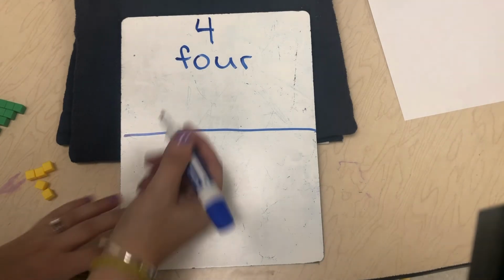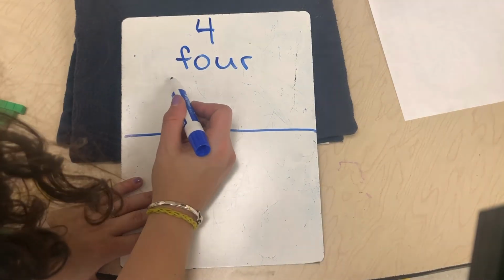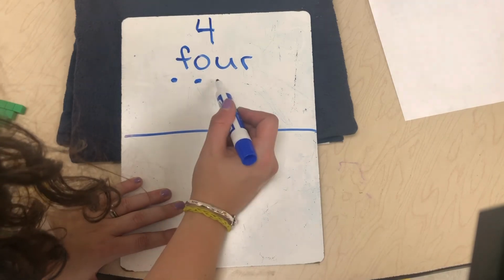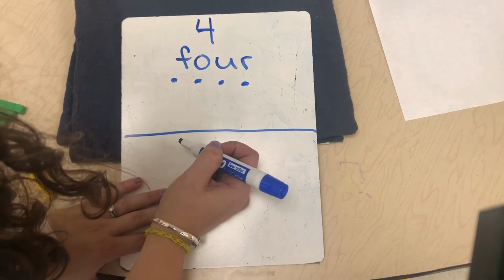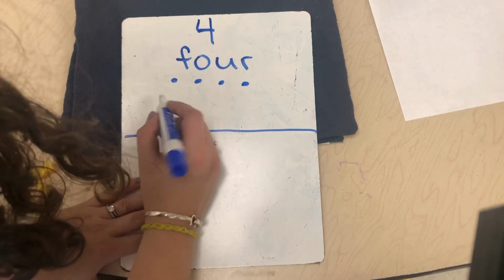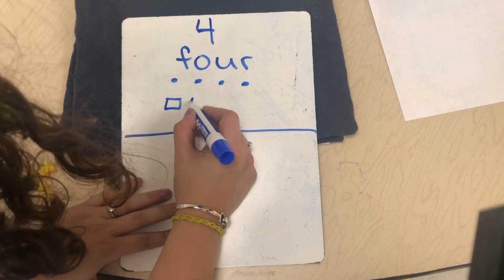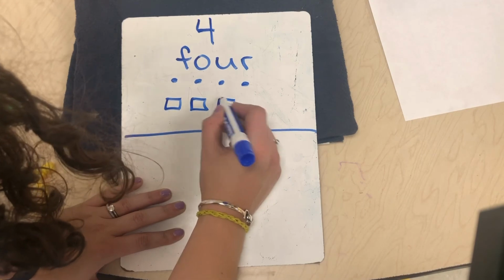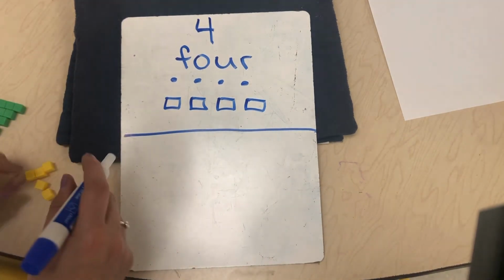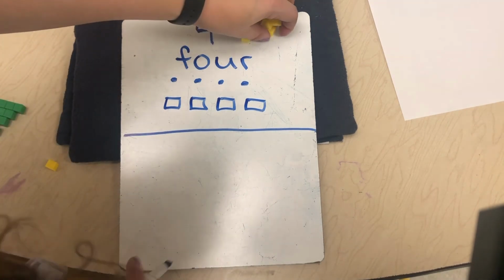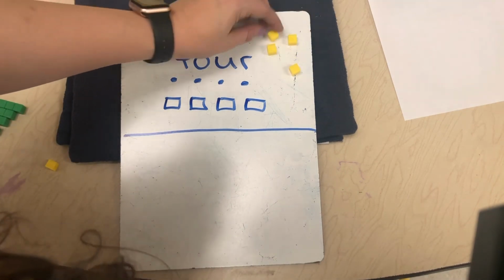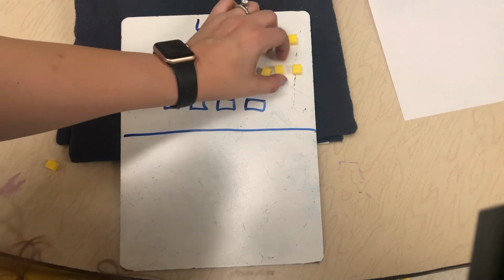So, as I was saying before, you can use dots, 1, 2, 3, 4. You can use smiley faces like we did yesterday, or you can even do little squares, 2, 3, 4. You can also use manipulatives like toys or anything to help visually see what 4 looks like.